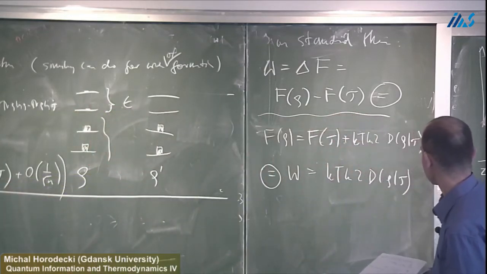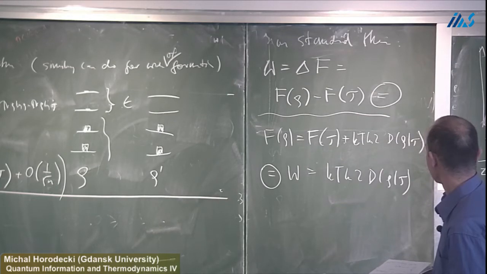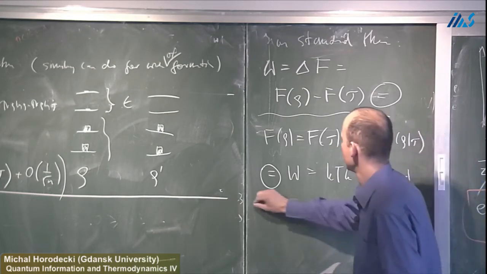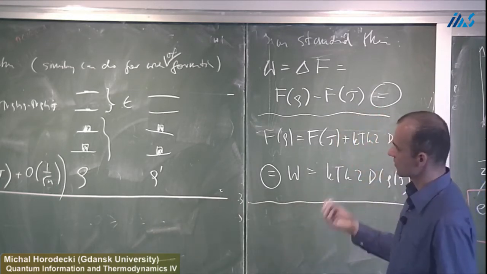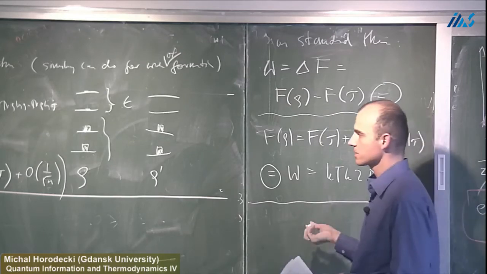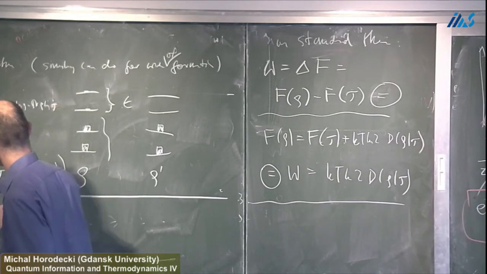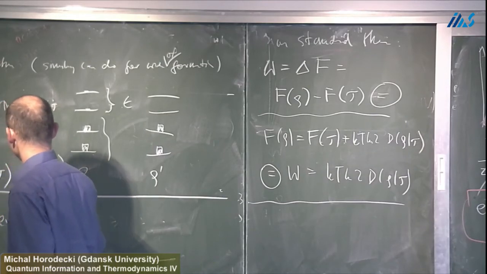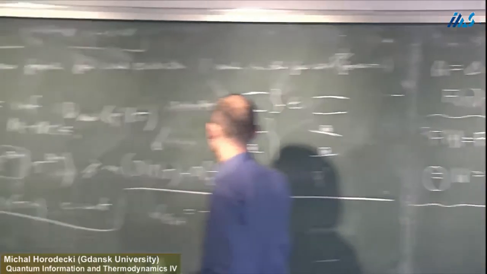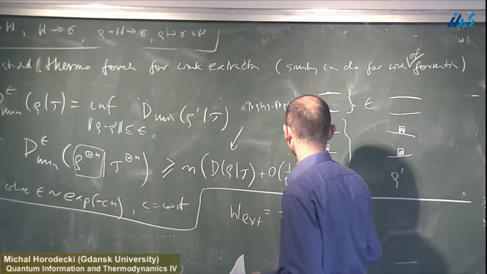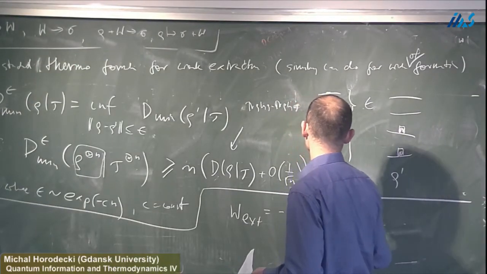What is then tempting is to think of new free energies. So let me add what we have. We have that work, extractable work, is this minus kT, the min relative entropy.